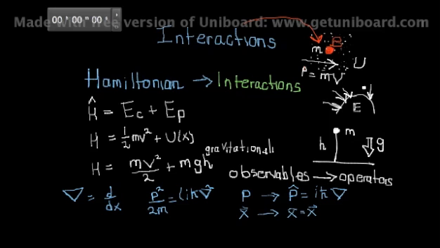Here is the square, 2m, and this is minus i minus h bar squared.